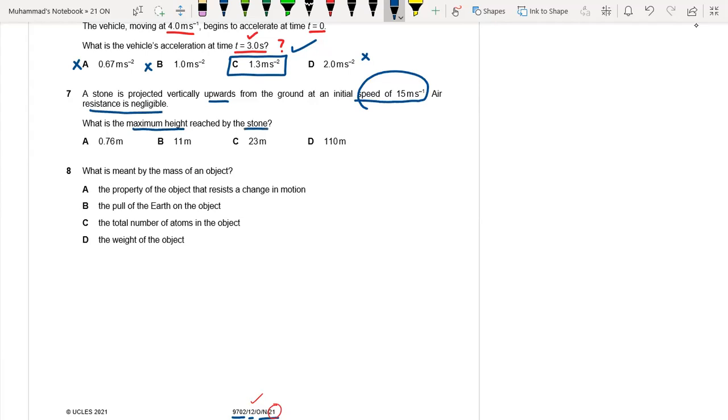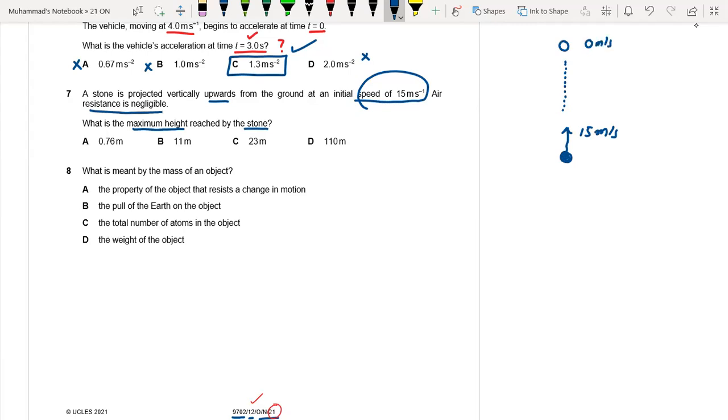Okay, so this question belongs to the kinematics section and deals with the equations of kinematics. So what is given to us? This is projected upwards with a speed of 15 meters per second. This is the initial speed, and you know that under gravity, its speed will decrease, and eventually its final speed at the top will be 0 meters per second.